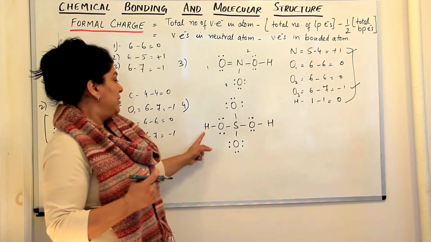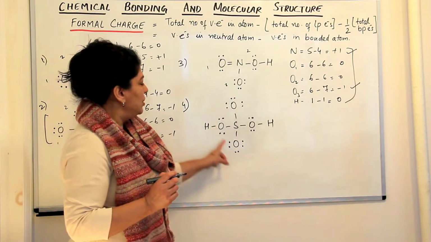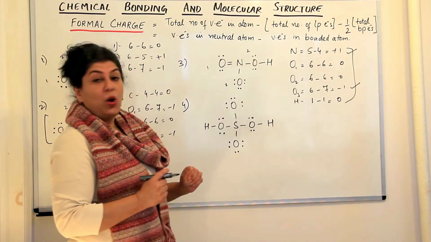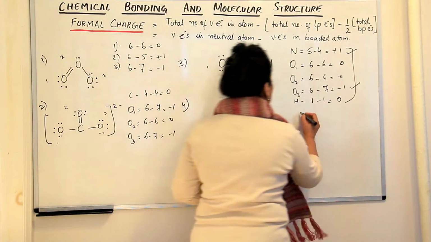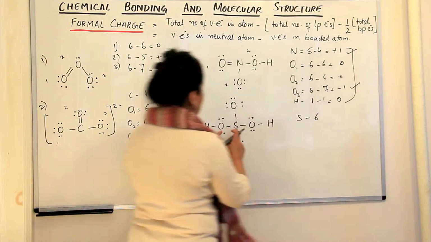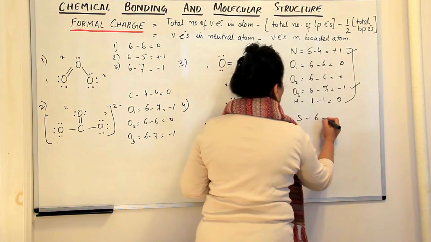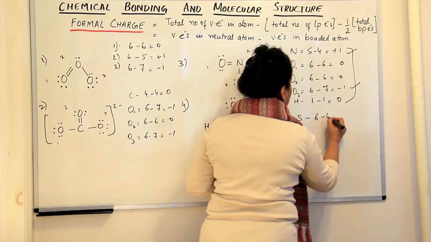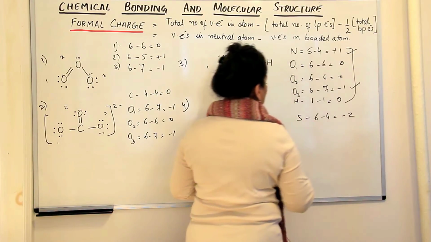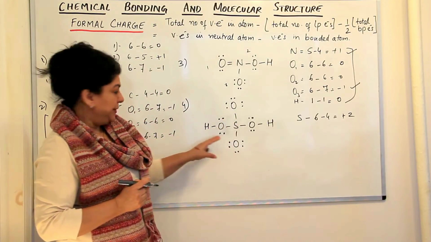They have only 1 electron and therefore they are zeros. And so we are now concerned with the sulfur and the oxygens. Now sulfur, like oxygen, has 6 electrons in its outermost shell, and in this structure it appears to have 4 bonds. So 6 minus 4 is plus 2. Sulfur appears to have a charge of plus 2 here.